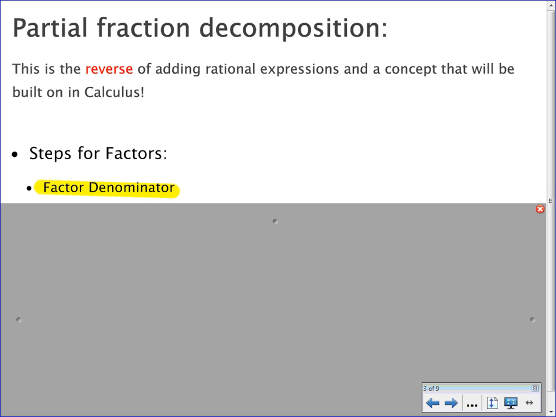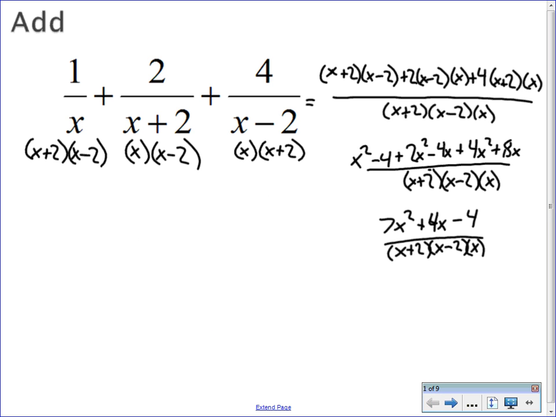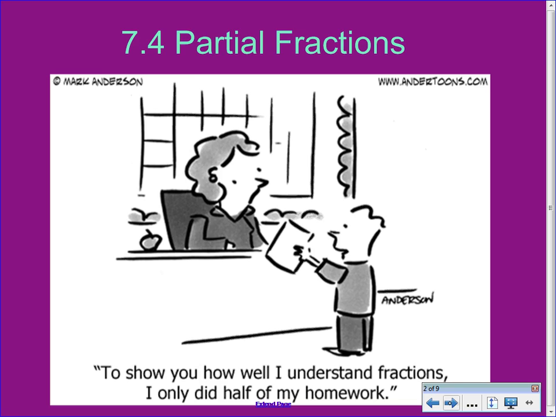However many factors there are, that will be how many fractions we break apart into. So in our warm-up, if we were going backwards, there are three factors, so we broke it apart into three fractions. Okay?